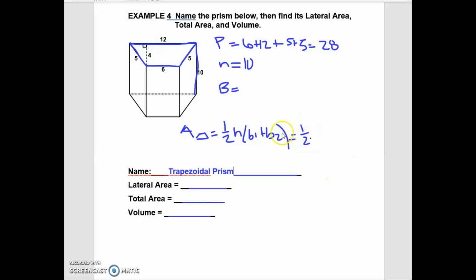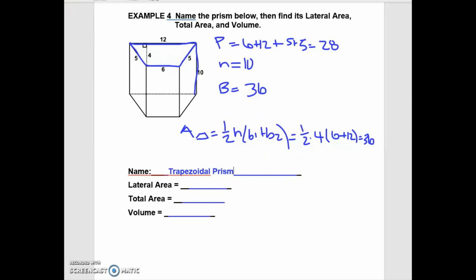Fortunately, they gave us the height, 4 right here. That's the height of the trapezoid, not of the prism. Then base 1 plus base 2, so 6 plus 12. 1/2 of 4 is 2, and 2 times 18 is 36. So that is our B. Our B is 36.